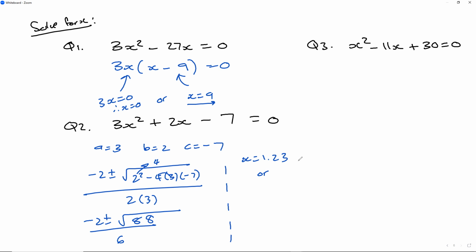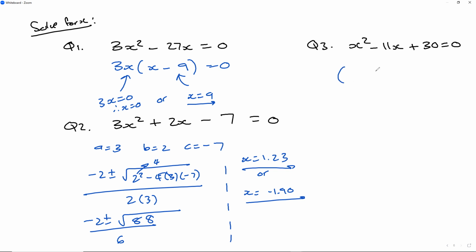And then keep it in your calculator. Just simply change the positive into a negative, and you'll get the second solution in an instant. X equals negative 1.896, 1.90 rounded, to get that. All right, so that's my two x values for that.